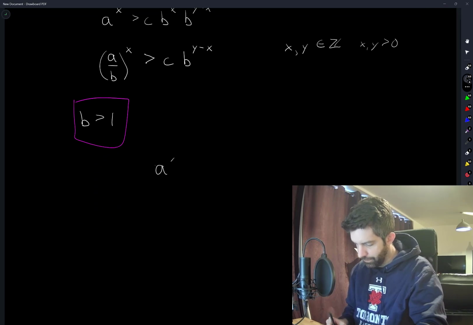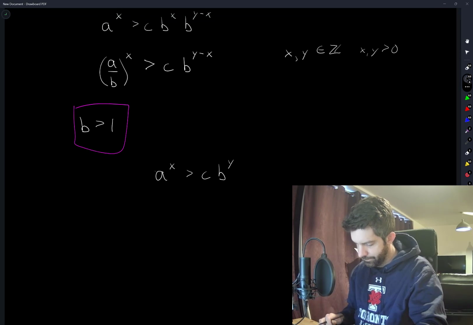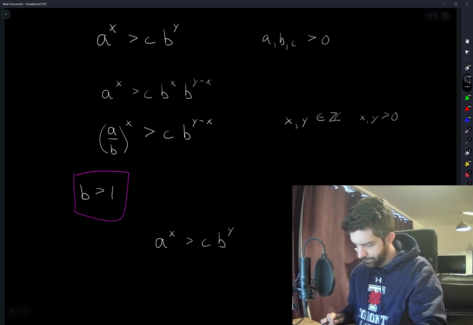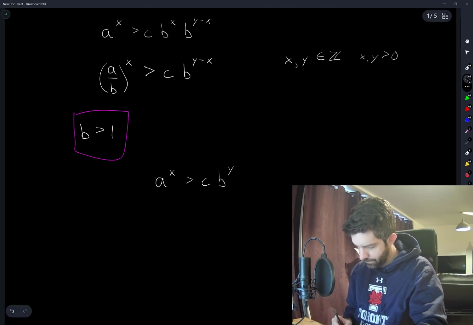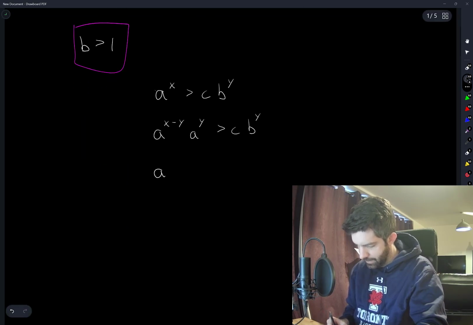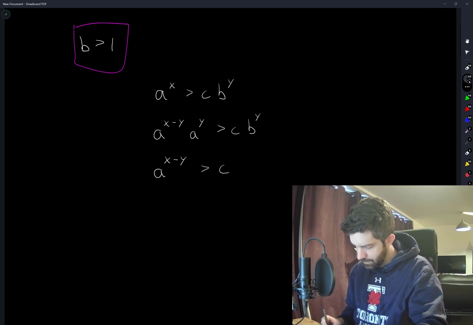So let's start with the original inequality again. Now I have A to the x minus y is greater than C times B over A to the y.